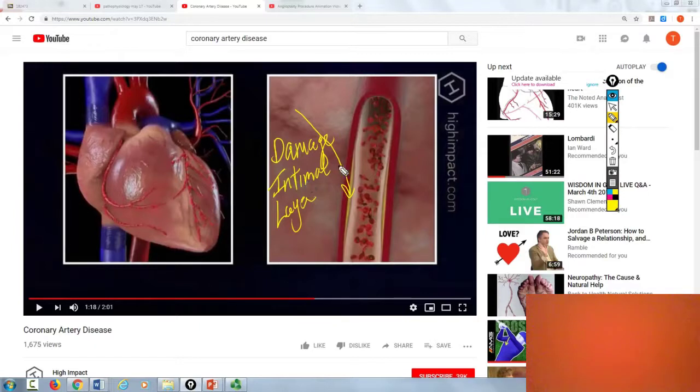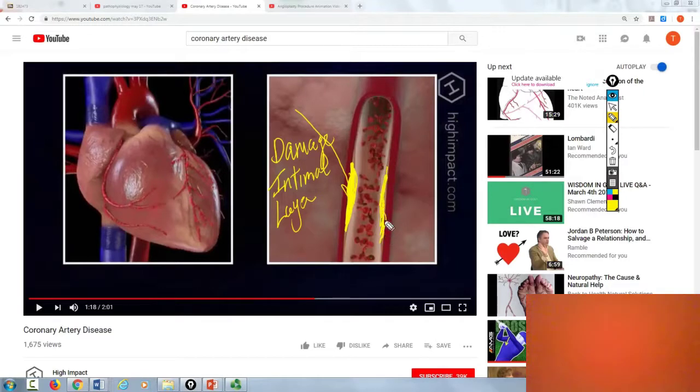When that damage occurs, and again, several things can cause it, we just talked about it, right? What's going to happen over time is LDL is going to accumulate in that area. So that damaged area is going to build up LDL over time.